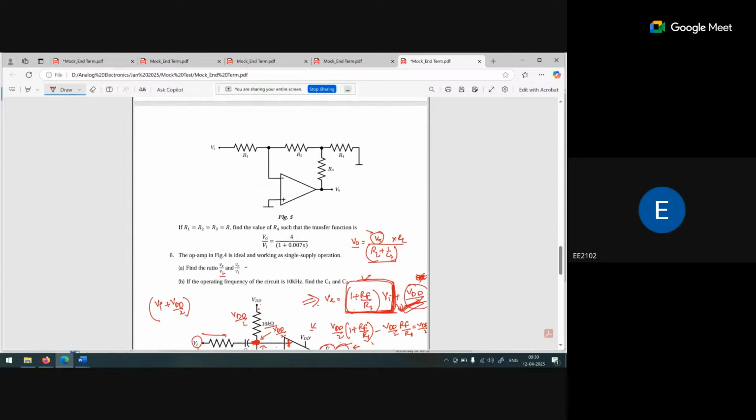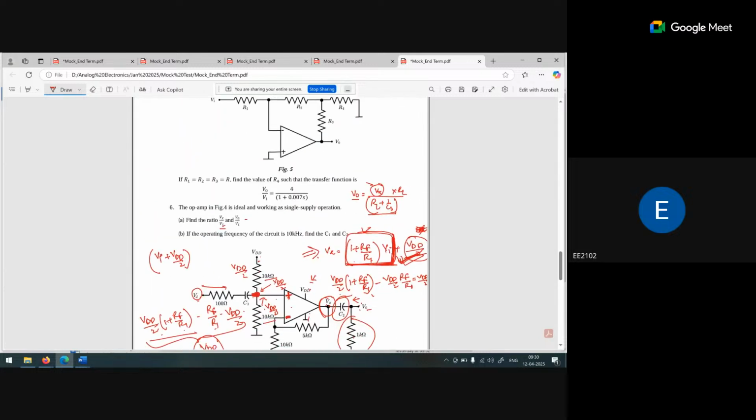Now the second part is that you have to calculate the operating frequency of the circuit. So this is your input circuit. First of all, you have to calculate the RTH, Thevenin equivalent resistance.